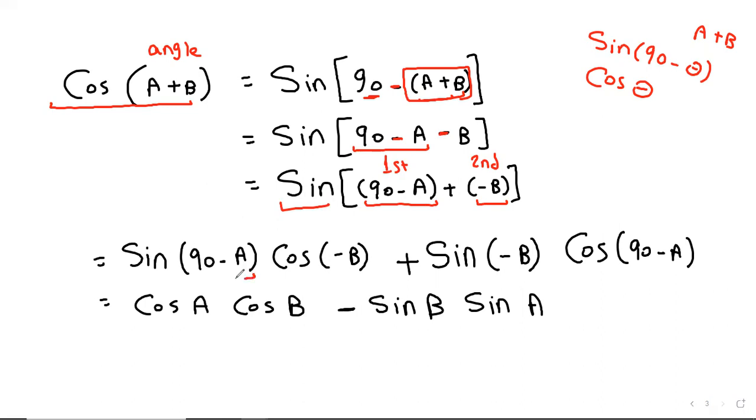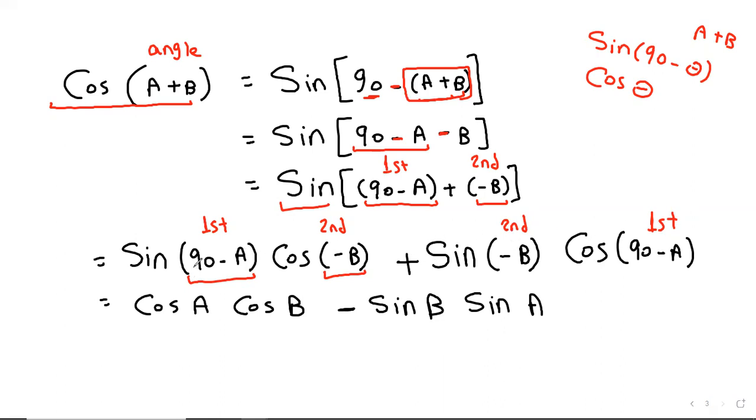Sine the first angle, cosine the second angle, negative B, plus sine the second angle multiplied by cosine the first angle. Sine first, cosine second, plus sine second, cosine first.